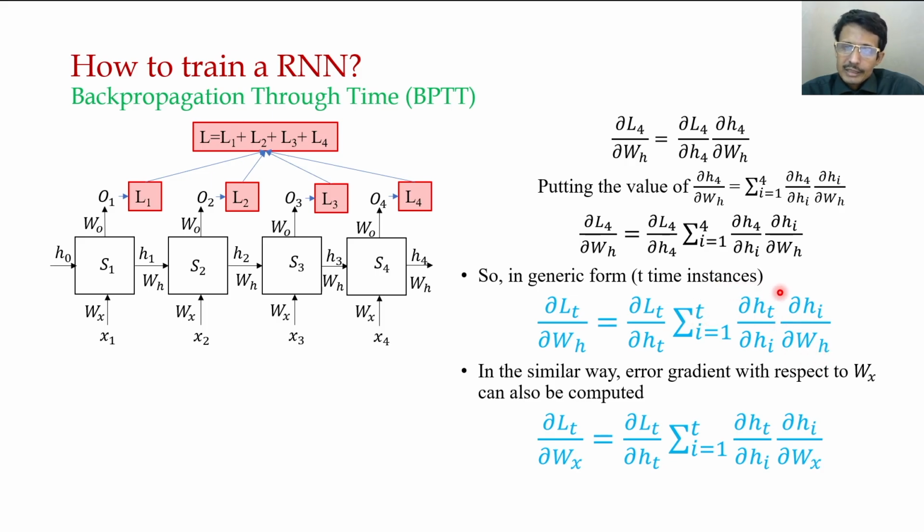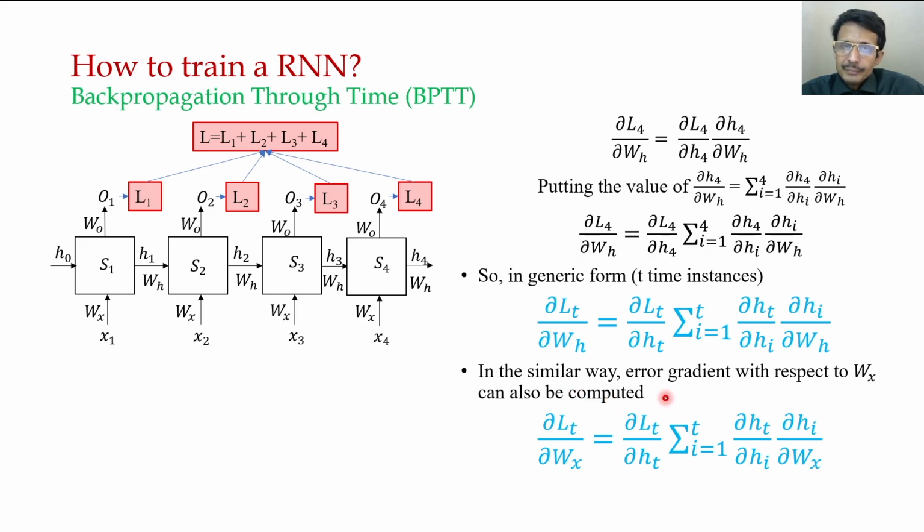So this is for time instance T. In this way we can find del LT by del WH, and once we find this, we can easily go to T equal to 1, T equal to 2, T equal to 3, T equal to 4, and so on. So we can get it.